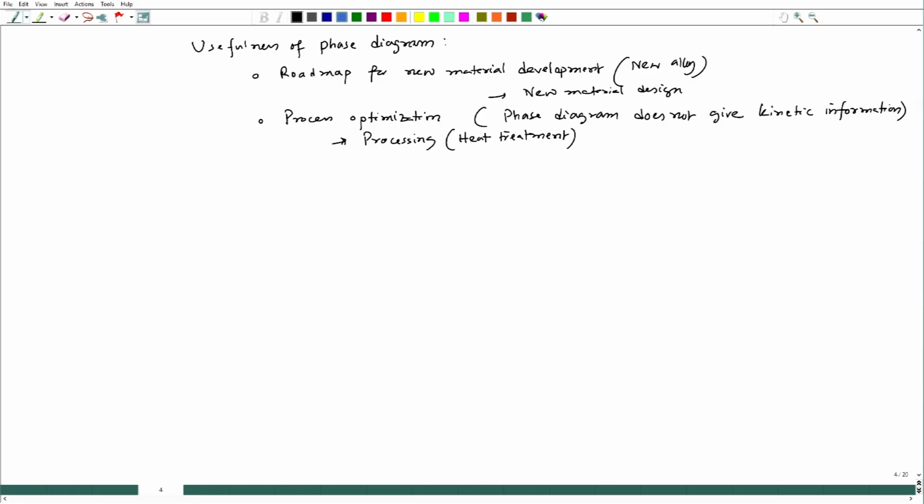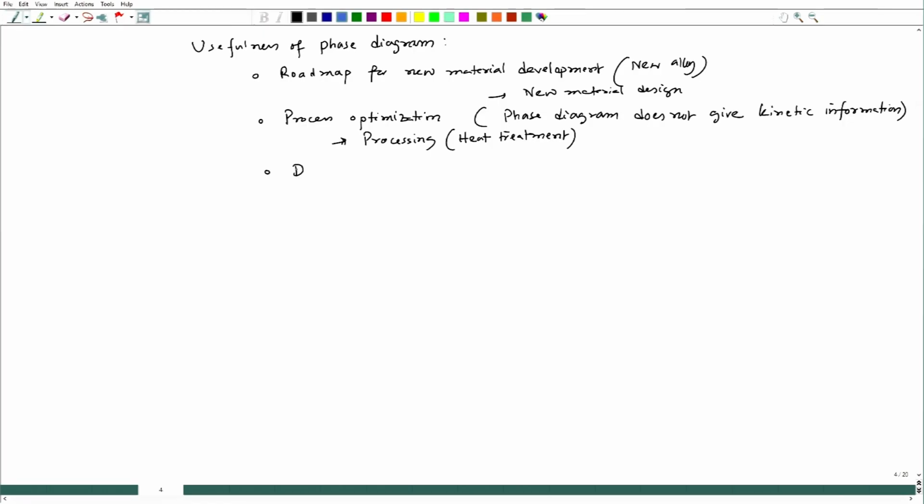So, heat treatment optimization can be our tool to make an alloy system or a ceramic system much more useful for a particular application. We get partial information, since it lacks kinetic information. We can get a complete idea of process optimization if we consider kinetics along with the phase diagram. But at least we still get an idea.